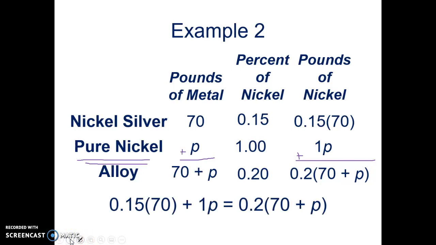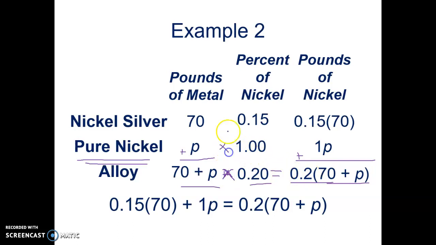We're going to write that as an equation, and we get 0.15 times 70 plus 1P equals 0.2 times (70 plus P). We got this 0.2 times (70 plus P) from these two things added together right here. Sorry, this times this, my mistake, equals that.